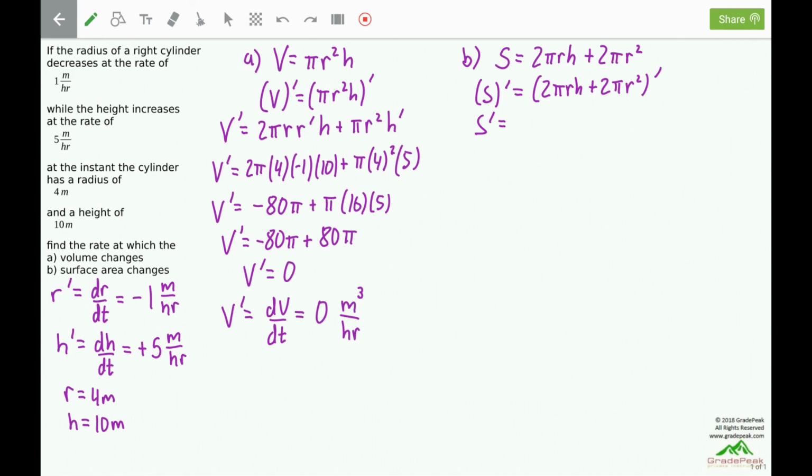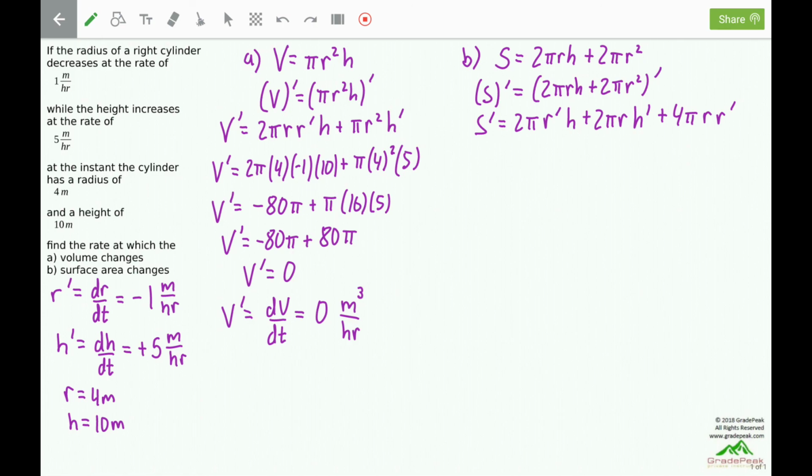The derivative of 2 pi r is 2 pi but then times r prime, times the second left alone, h, plus the first left alone, 2 pi r, times the derivative of the second; the derivative of h is 1 but then times h prime. The derivative of the second term is a power rule. Bring down the 2, multiply it with the 2 pi, that becomes 4 pi. Subtract 1 from the power, r to the first power, and then multiply by the derivative of the inside to complete the chain rule, r prime.